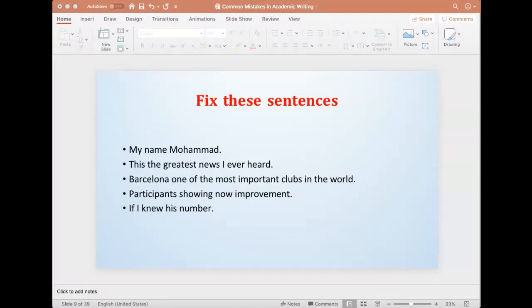Okay, one is, so where do we put "is"? "My name is." So here we are missing the verb. In number 1, we are missing the verb. Okay, what about the others? We need other participants here.